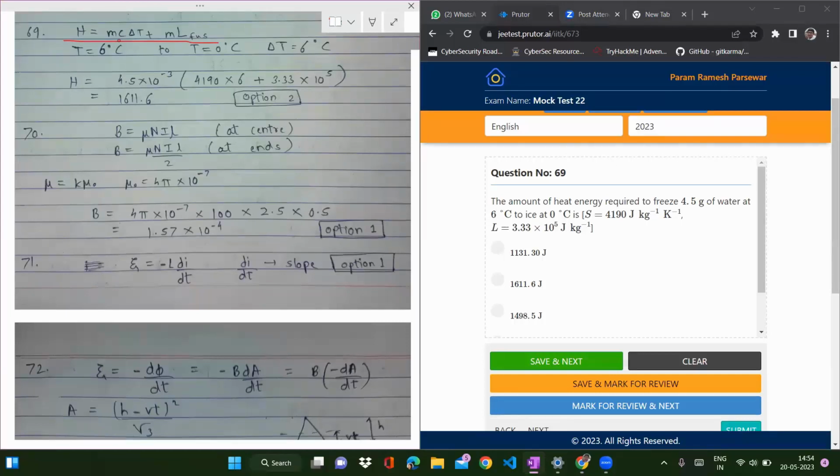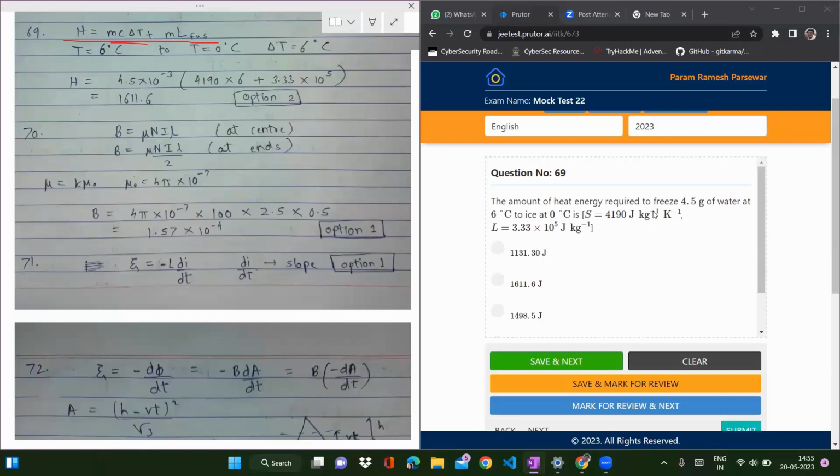Then this is the specific heat which is absorbed for the change in temperature, and m L fusion, where L is the latent heat of fusion, which is required for the change in the state, from water to ice in this case. So we need to just put the values of C, delta T and m.